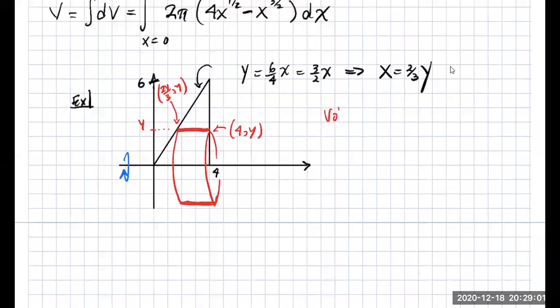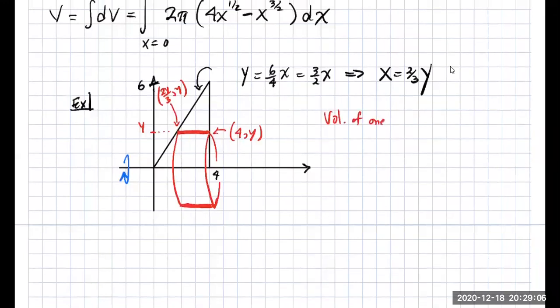So the volume of one shell, dV, okay, is equal to 2 pi times the radius times the height times the thickness. Now, gang, notice in this case, because the rectangle we use to make the shell is horizontal, right? It's horizontal.